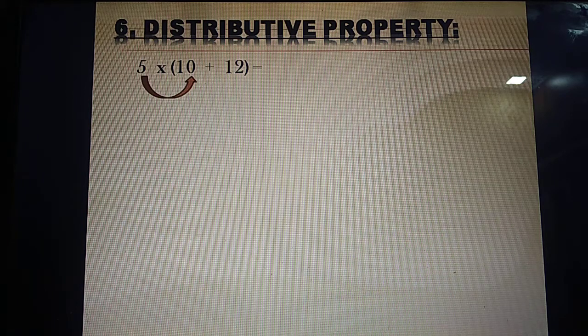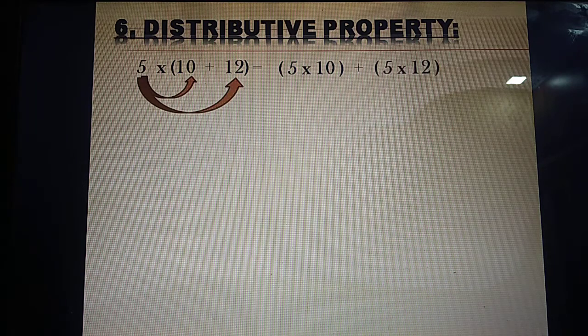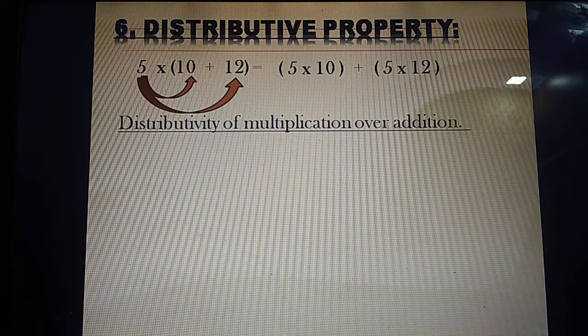So first you will multiply 5 by 10, and then you will multiply 5 by 12. Because there is a plus sign in the bracket, you can see there is a plus sign between them. This property is known as distributivity of multiplication over addition.